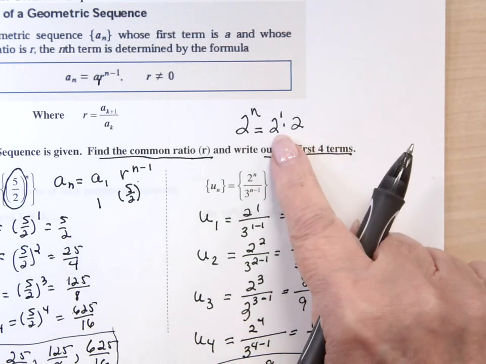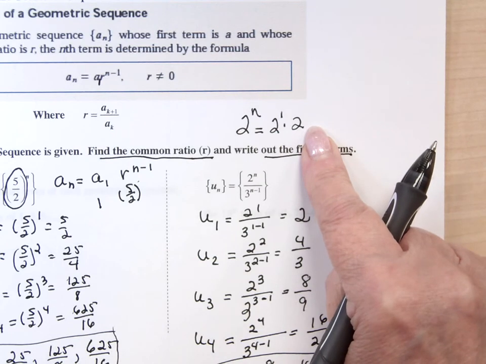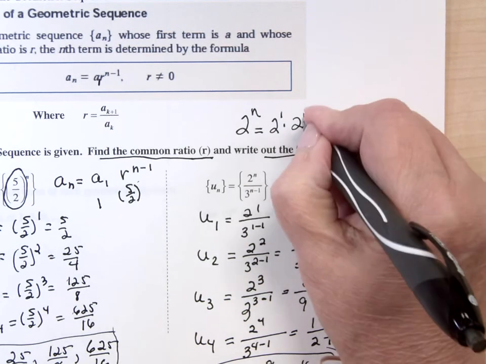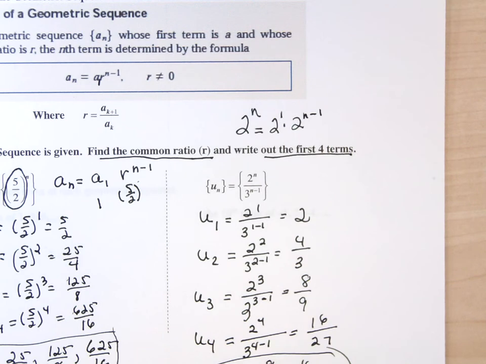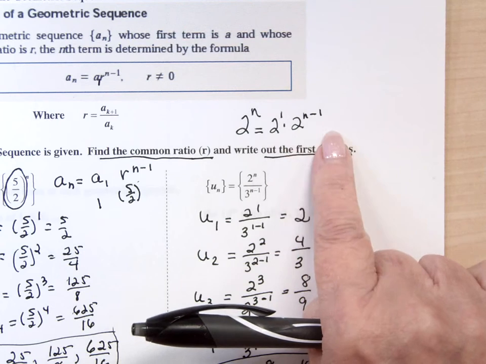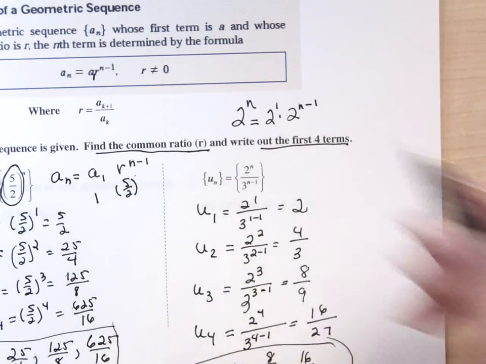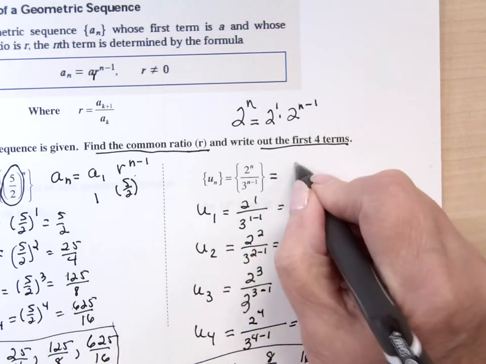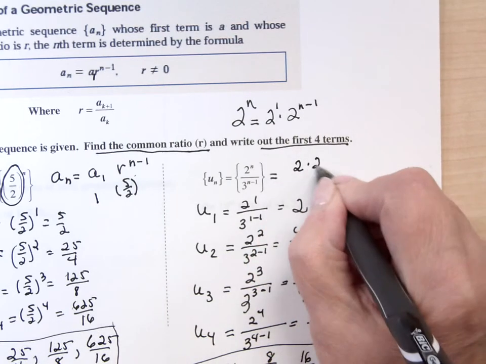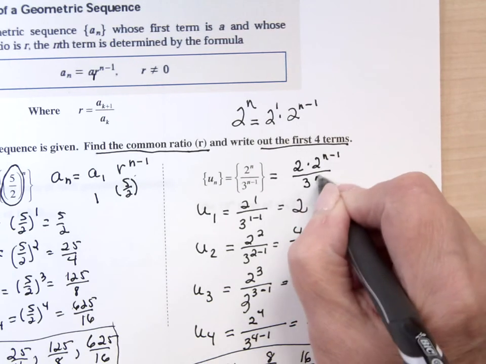So if I have to multiply these two together to get 2 to the n, what is the power on this 2? N minus 1. Because if the bases are the same, you add the exponents, that becomes 2 to the n. Well, then this becomes 2 to the 2n minus 1 over 3 to the n minus 1.